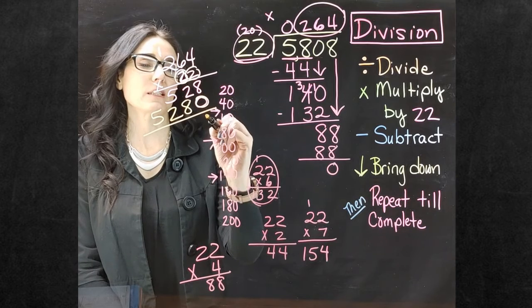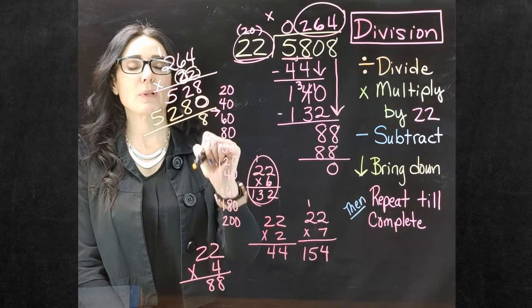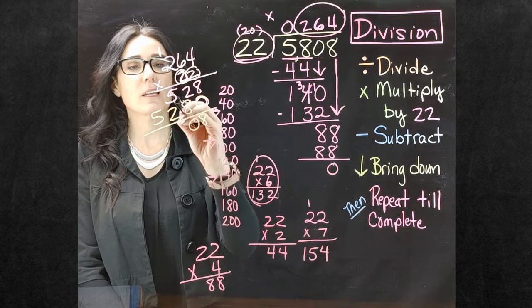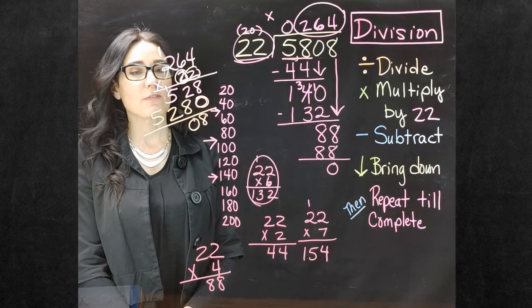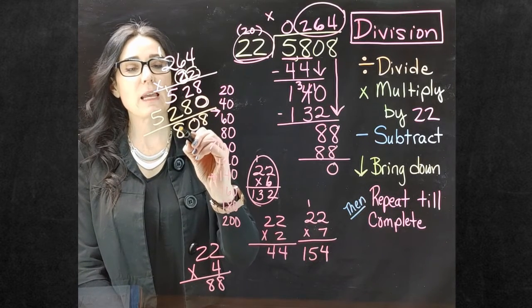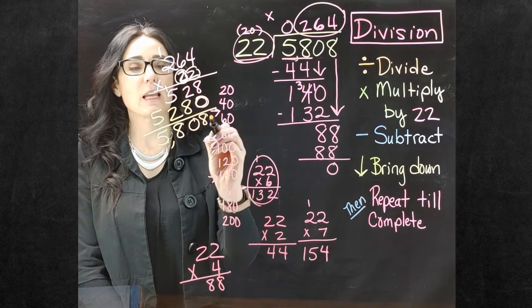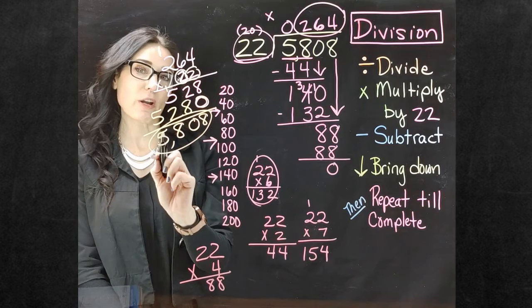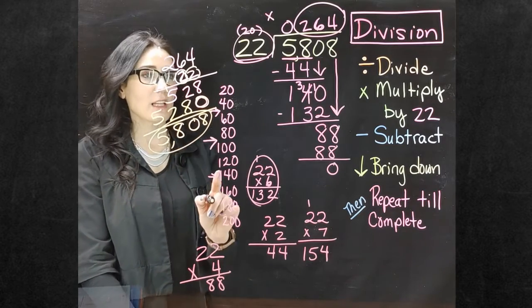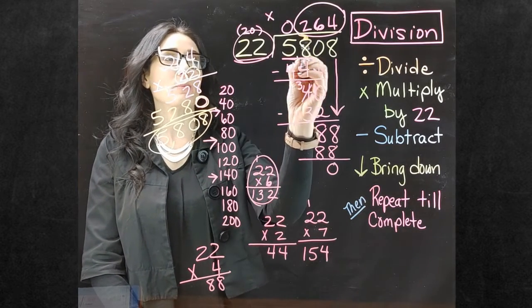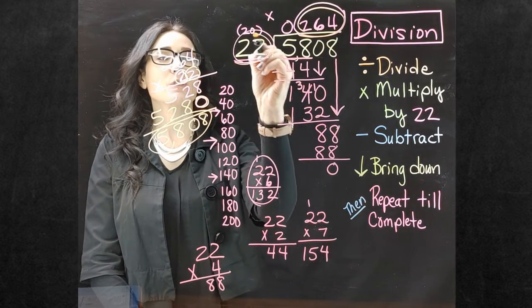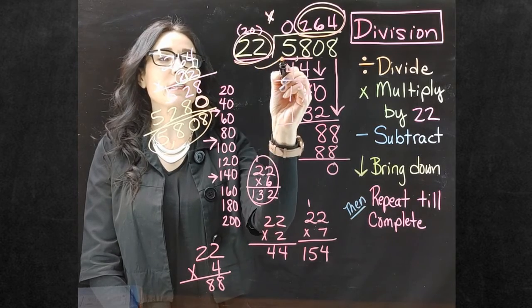So 8 plus 0 is 8, 2 plus 8 is 10, carry the 1, 1 plus 5 plus 2 is going to be 8, and then we have 5,808. If you want to check your answer and make sure you are correct, remember you can always take your answer times your divisor, and you should get this number.